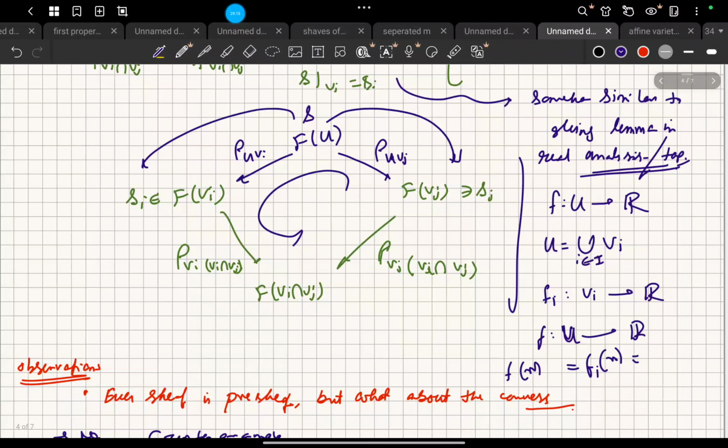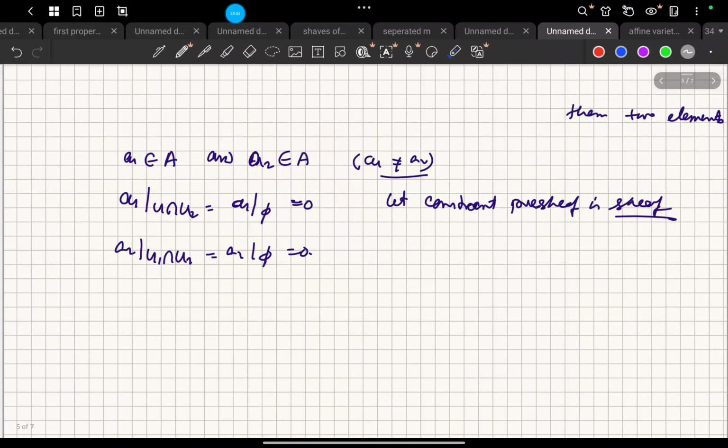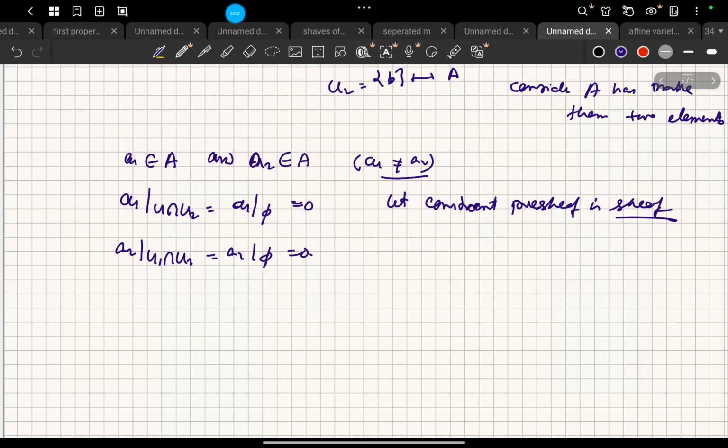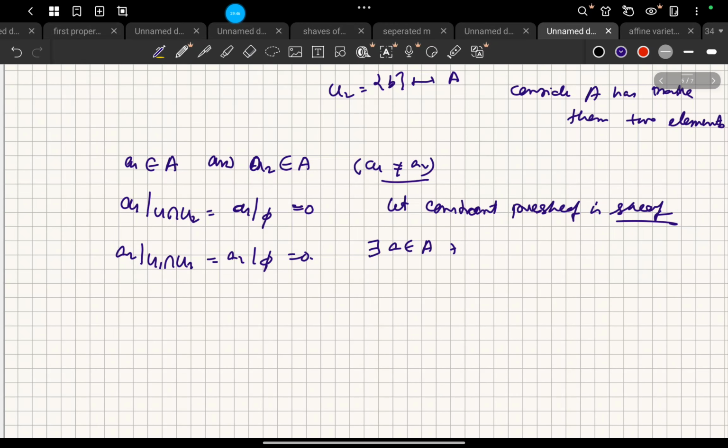The gluing condition we defined says that if the sections agree on the intersection, there is an element in the global section whose restriction to each component is the given section. So if it is a sheaf, then there exists some small a belonging to A, because F of X is basically A, such that a restricted to U1 is A1 and a restricted to U2 is A2. Now each restriction map is nothing but the identity.